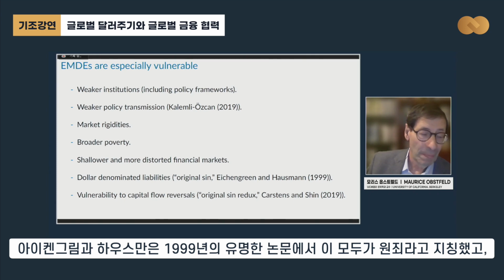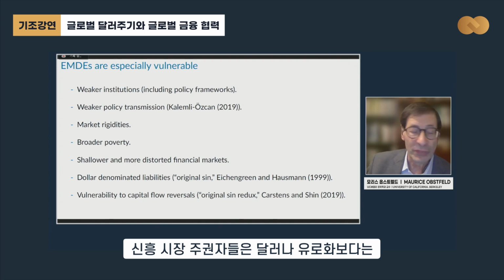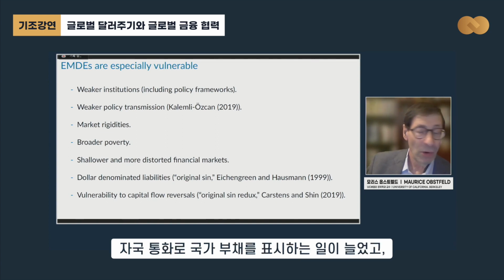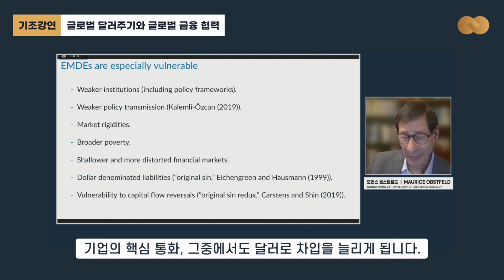And while emerging market sovereigns have increasingly moved to denominate sovereign debts in domestic currencies rather than dollars or euros, corporates in the private sector borrow very heavily in key currencies, particularly in dollars.